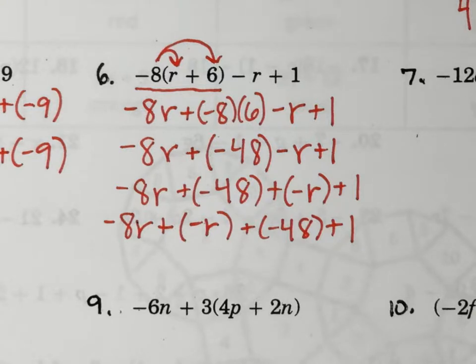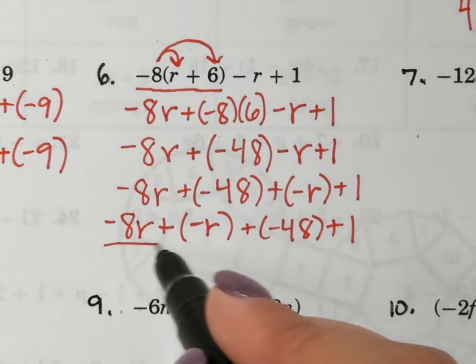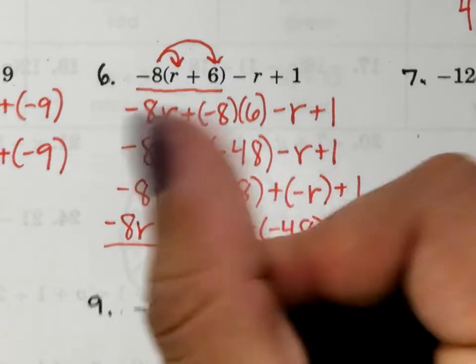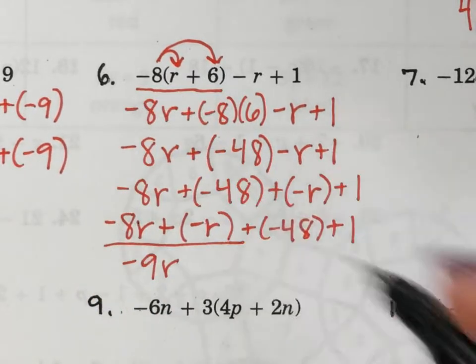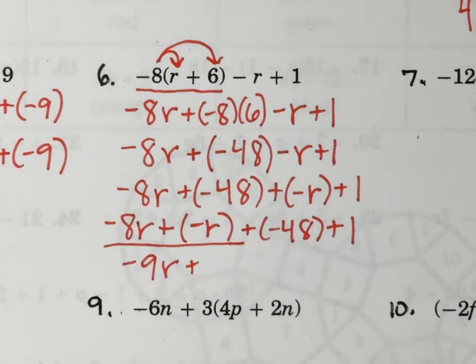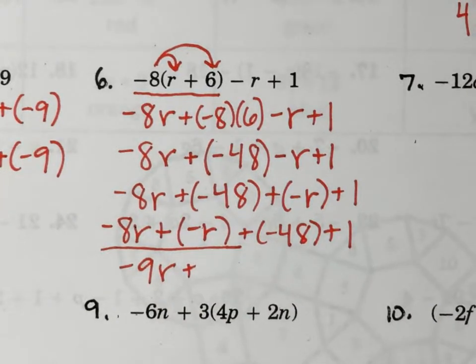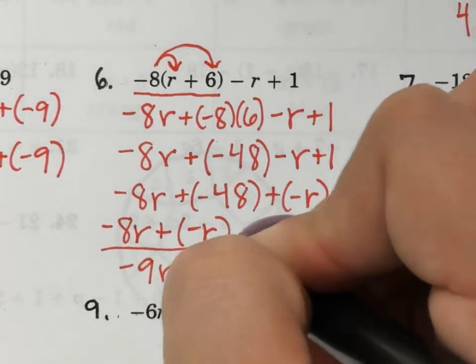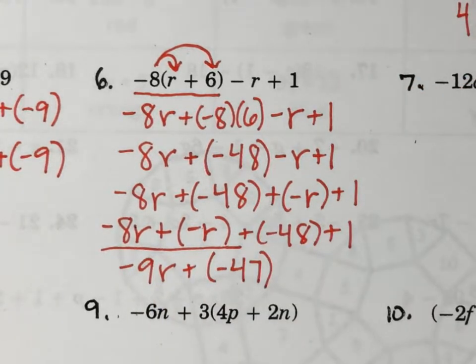Now I can simplify. So negative 8r plus negative r is what? Negative 9, or positive 9? Negative 9r. Plus, what is negative 48 plus 1? Negative 47. Good. Am I in the simplest form?